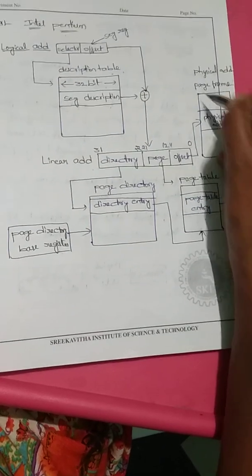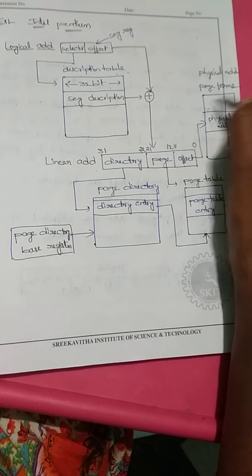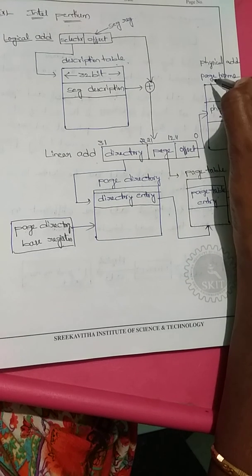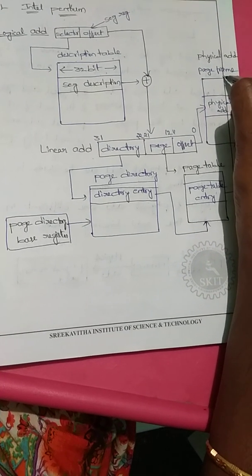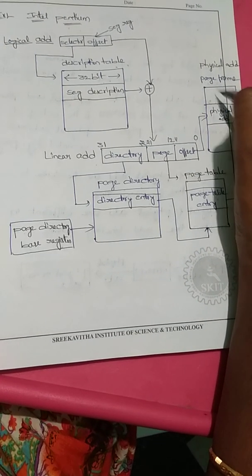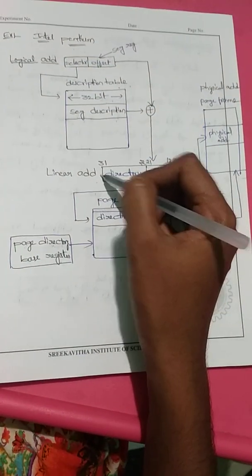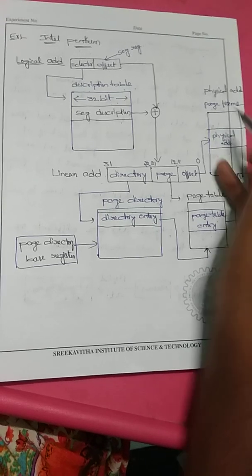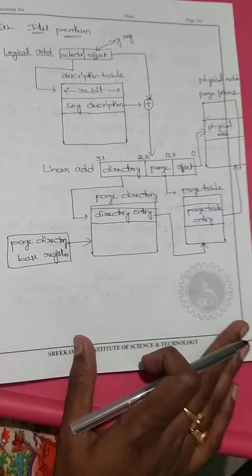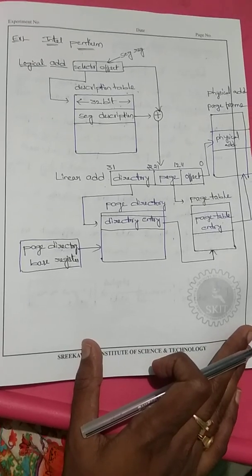So this is the physical memory. In this physical memory, how is it stored? It will be stored like frames. So in this way one type of address will be converted into another type of address. This is the example of segmentation with paging.